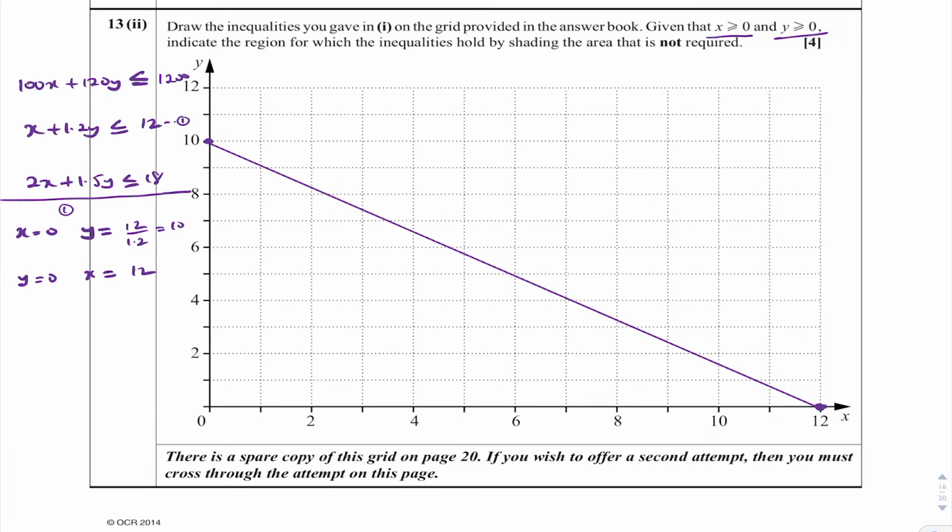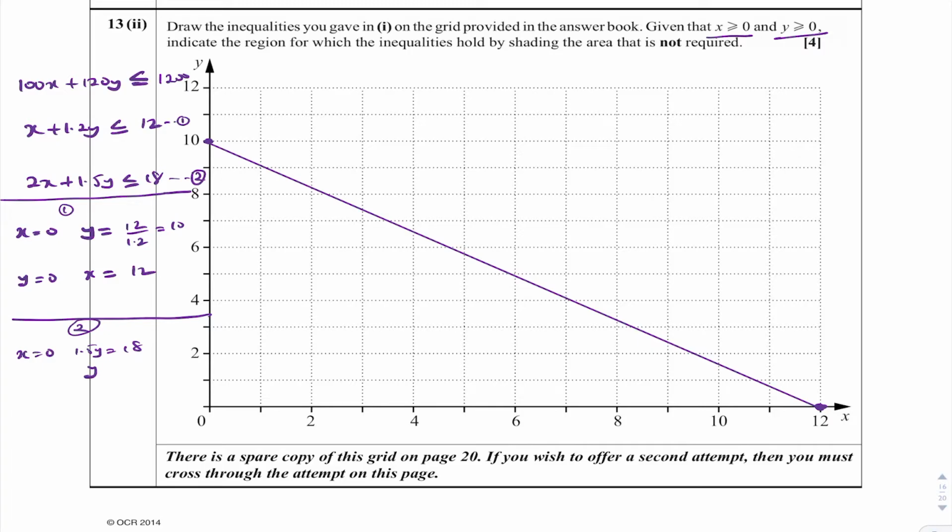That's the line. Now the next equation will be equation 2. For equation 2, when x is 0, 1.5y equals 18.